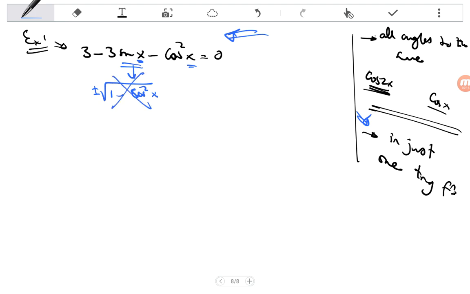It might give me a correct answer, but it will be cumbersome, a lengthy solution. Instead, we may express cosine squared in terms of sine squared, which is known. We know that cosine squared x is just 1 minus sine squared x.